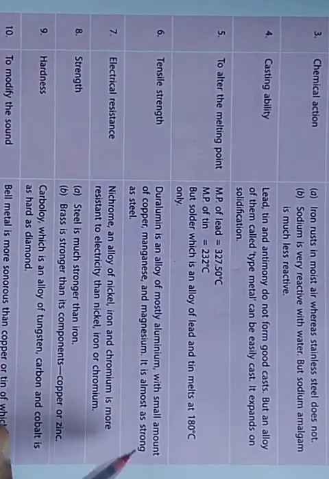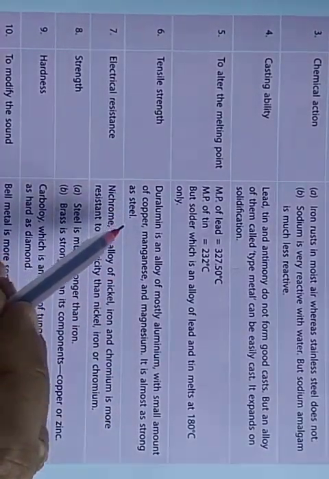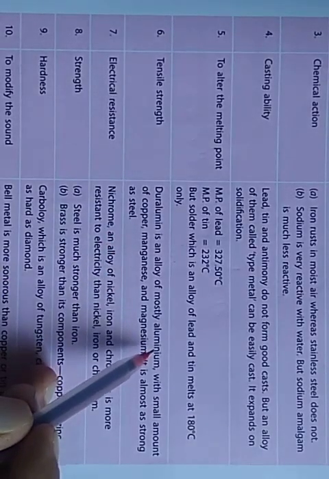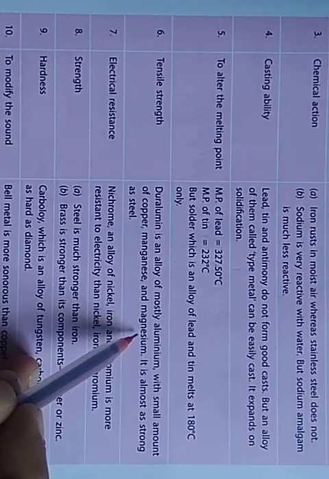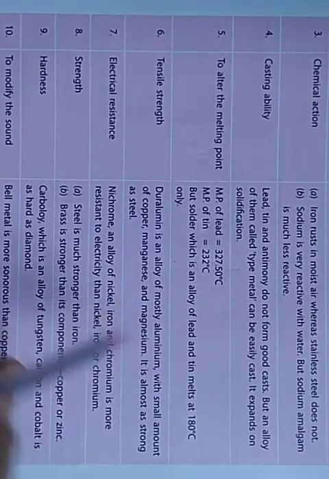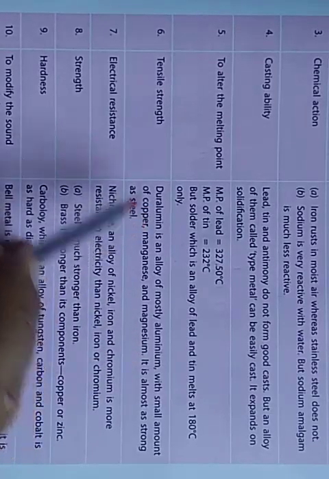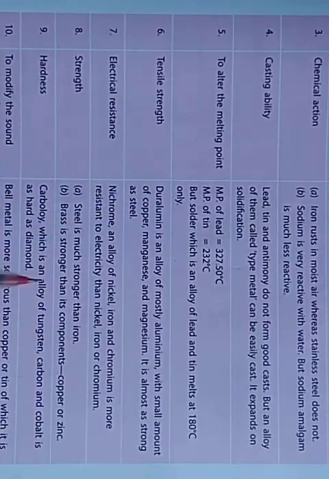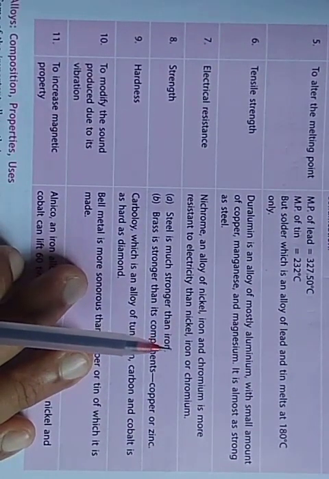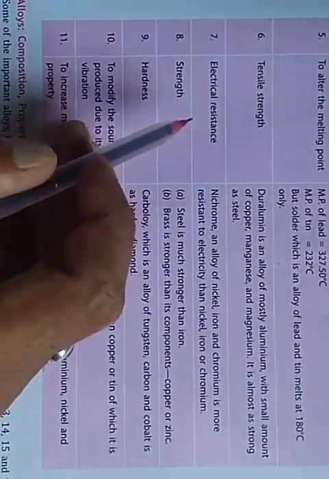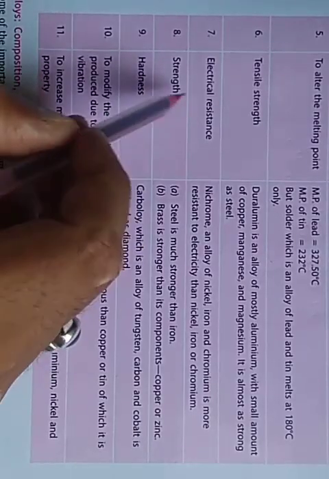It is almost as strong as steel, but aluminium is not strong. Magnesium also does not have high tensile strength, but duralumin has a high tensile strength. So alloys alter the properties of their constituents.